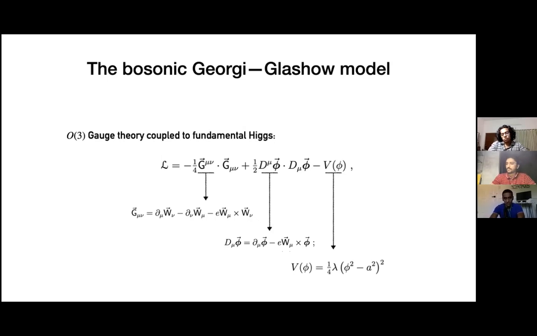And the cross product here is really the cross product in the internal space. It acts just like you'd expect, with an epsilon. The reason we write it this way is that if you think about the structure constants in the Lie algebra of SO(3), it's going to be the epsilon symbol.